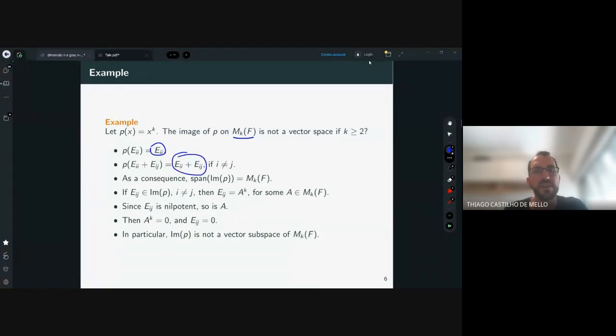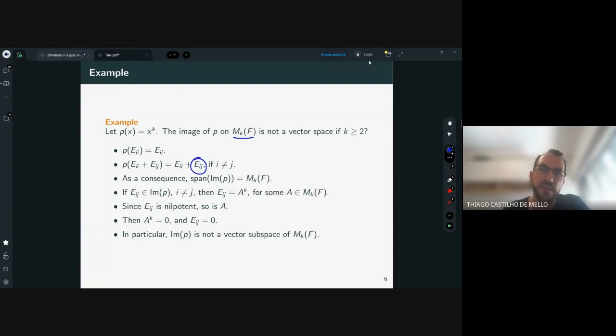So if you consider the linear span, the difference is in the image. So in the linear span we obtain all matrix units, which are a basis for k by k matrices, so it generates it as a vector space. So the linear span of the image of this polynomial is the whole algebra. And now we are going to show that this matrix here is not in the image for i different from j.